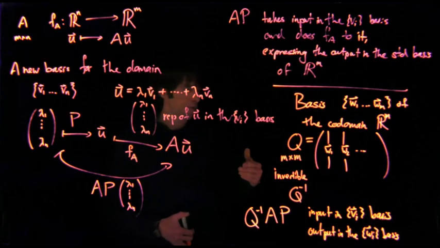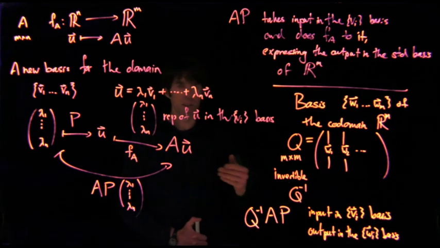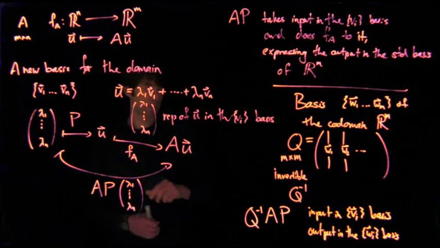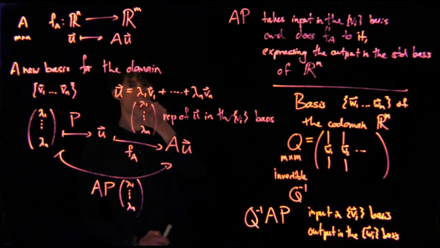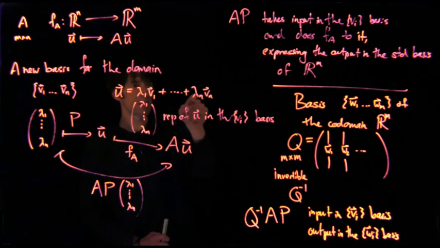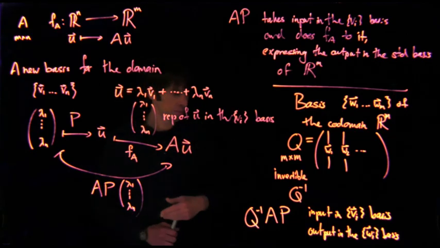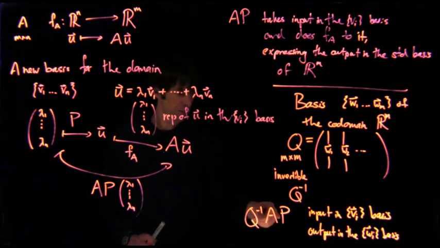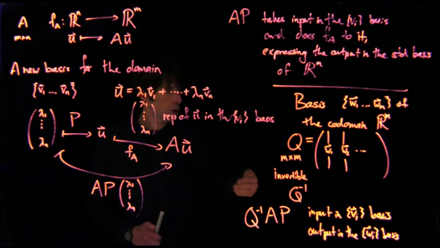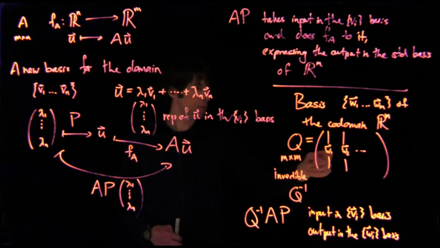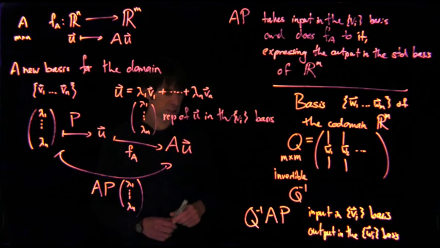So now if I want to give an input to this linear transformation f sub A, but I want to represent it as a linear combination of the v's, so I just want to list these lambdas and give that as my input. Then I take that lambda vector, I multiply it by P, multiply it by A, and then multiply it by Q inverse, and I'll get a list of coefficients that I think of as coefficients for the w vectors.